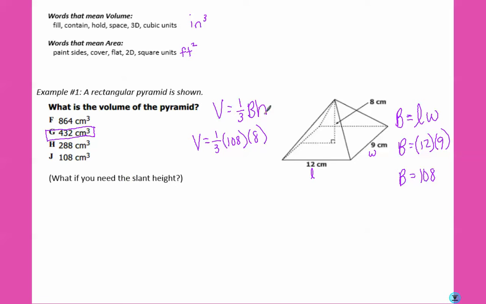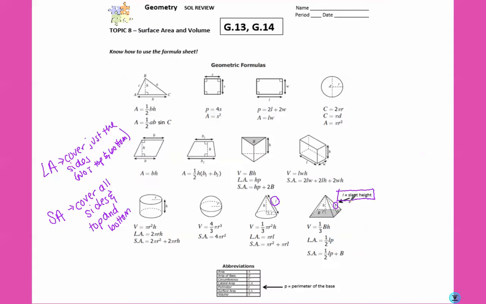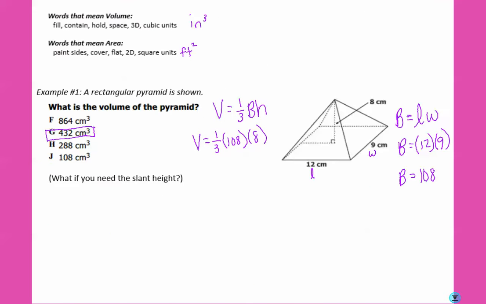What if you needed the slant height? This formula doesn't have the little L, but lateral area and surface area do, and I have to find the side of that triangle. So lateral area would go down the side here.